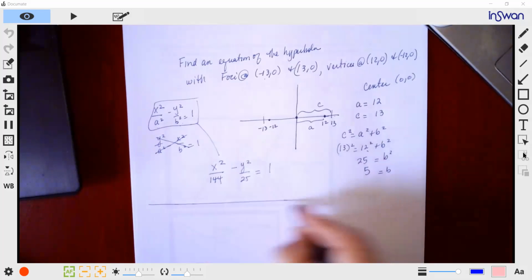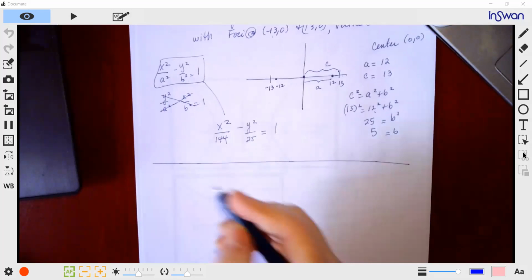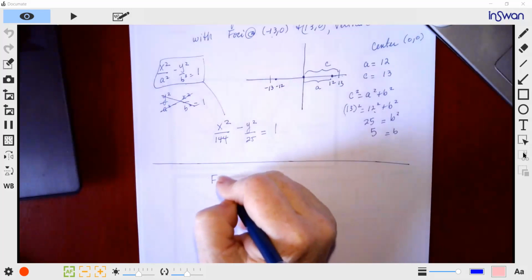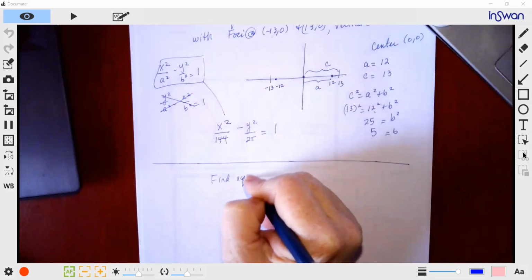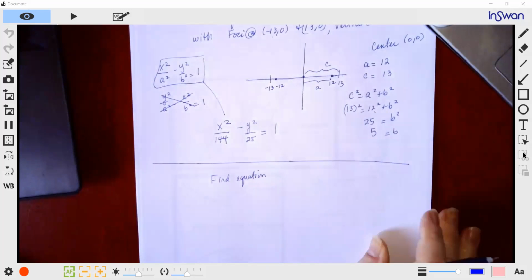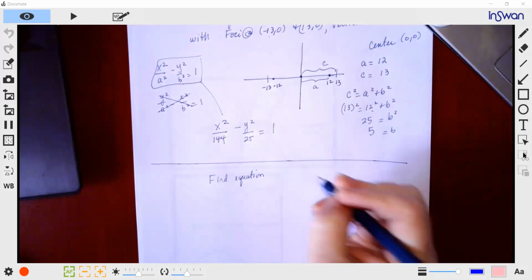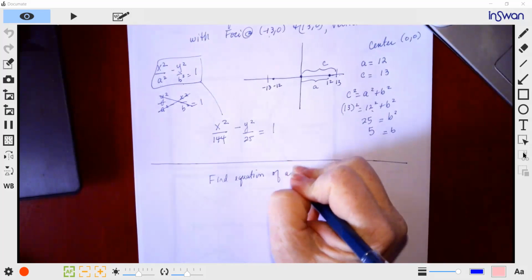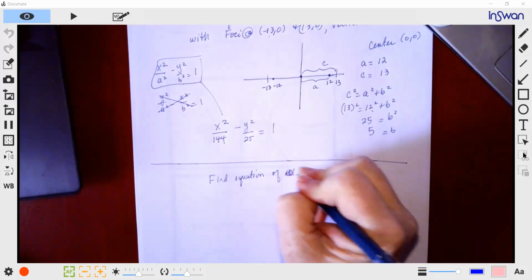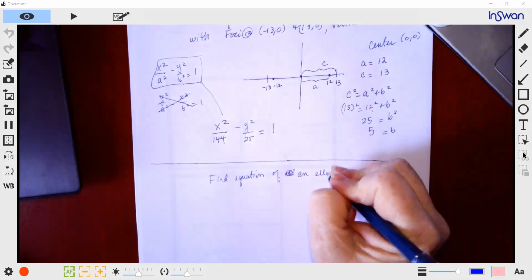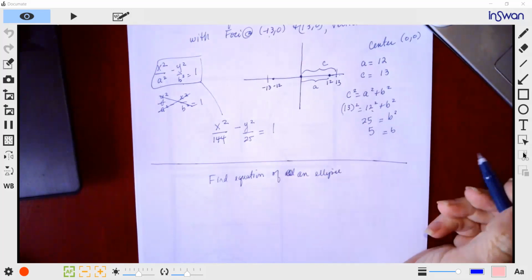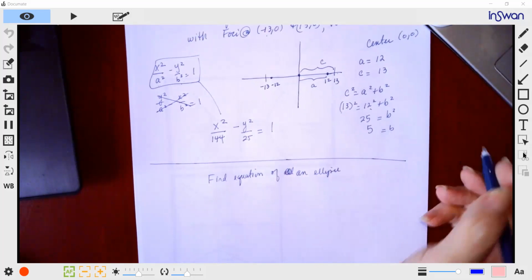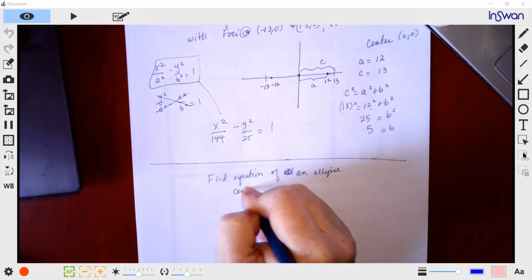All right. What if we want to find the equation of an ellipse? If you are still here with me, I need you to type here in the chat. Okay. The ellipse has a center at the origin.